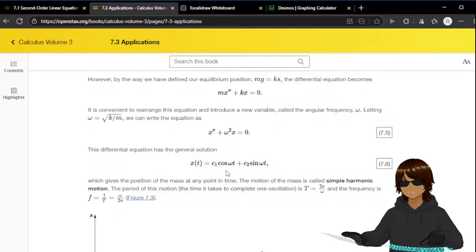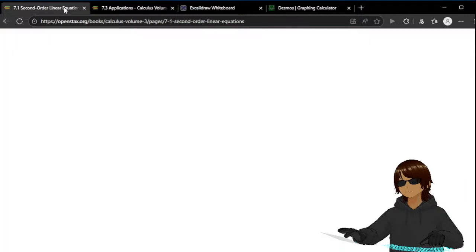Okay, where did they get that it has a general solution? Hold on.